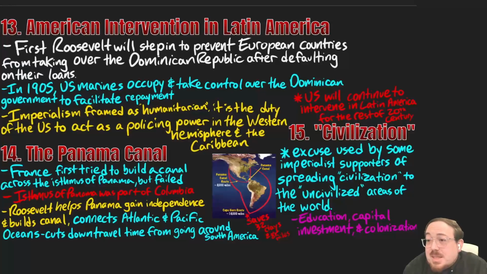They had also just completed the Suez Canal, which allows ships to travel from the Indian Ocean up to the Mediterranean by cutting through the piece of land that connects Asia to Africa. They thought they could do the same thing in this very skinny bit of land known as the Isthmus of Panama, basically the skinniest part of the land between North and South America.